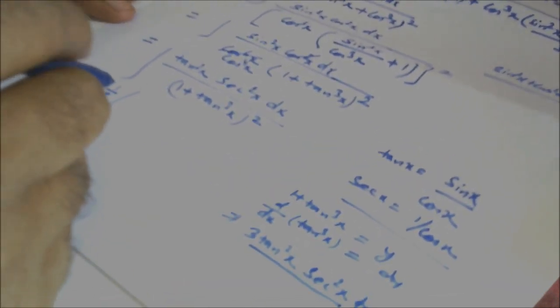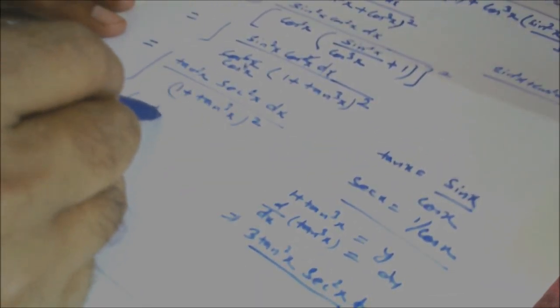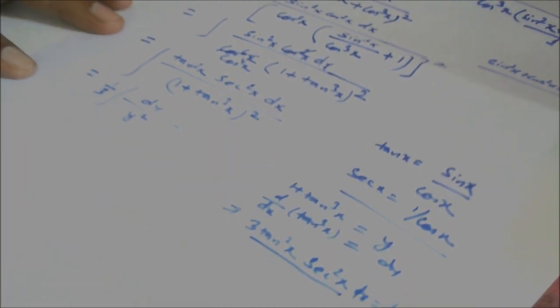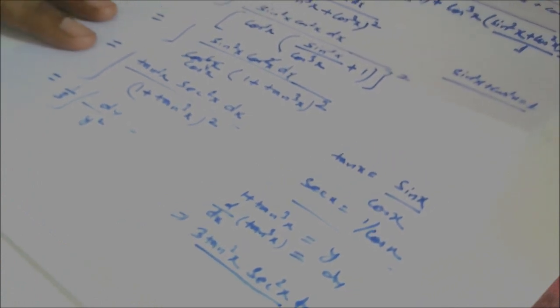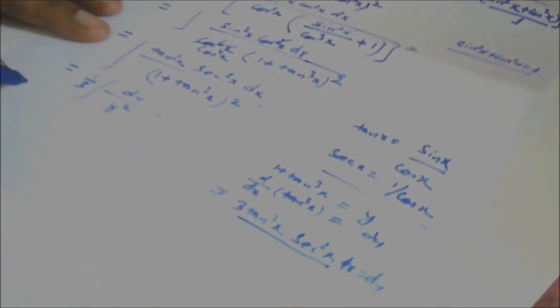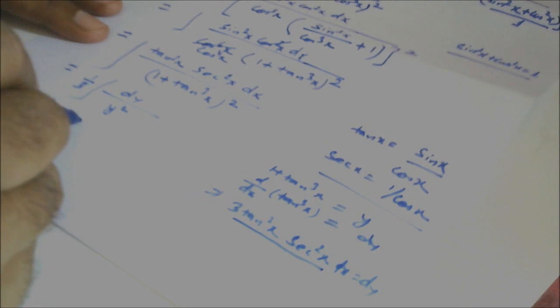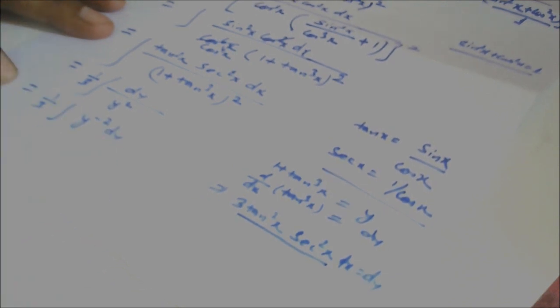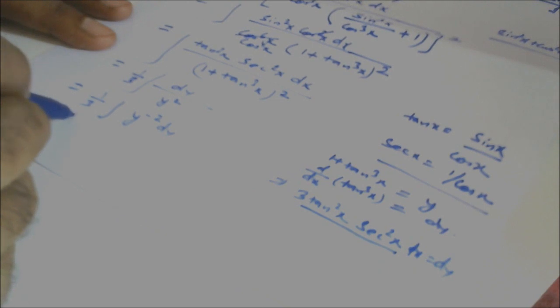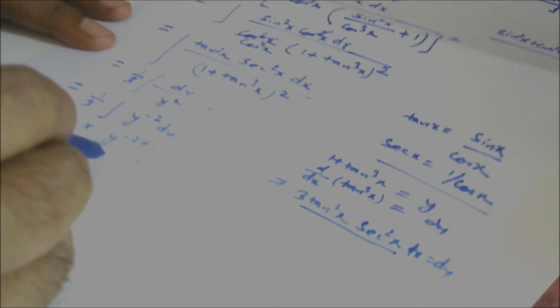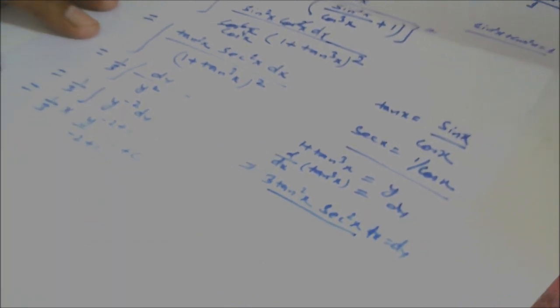This 3 will come here. So we can write 1 by 3 here, and in place of this we write dy, and here we write y to the power square. This further is 1 by 3, and we write y to the power minus 2 dy, which gives us 1 by 3 into y to the power minus 2 plus 1 divided by minus 2 plus 1, plus c.